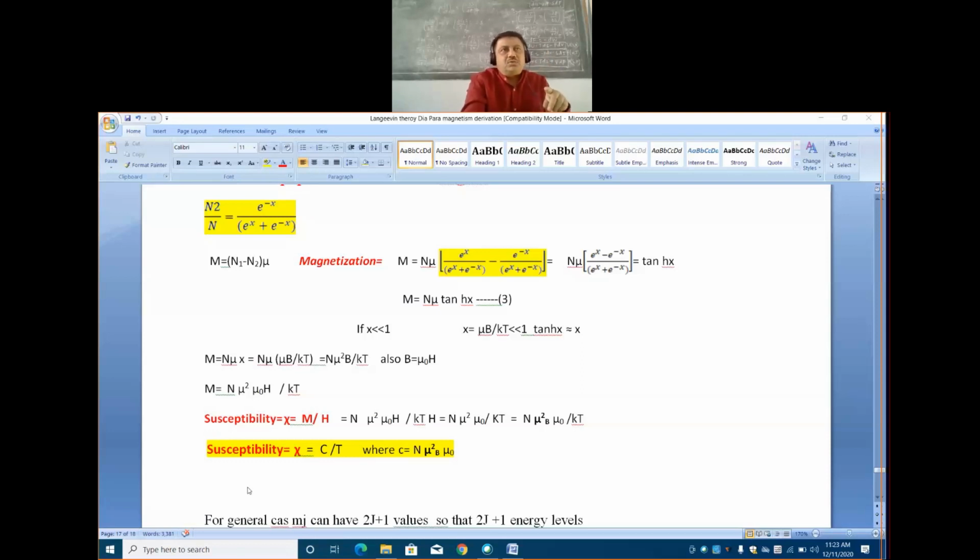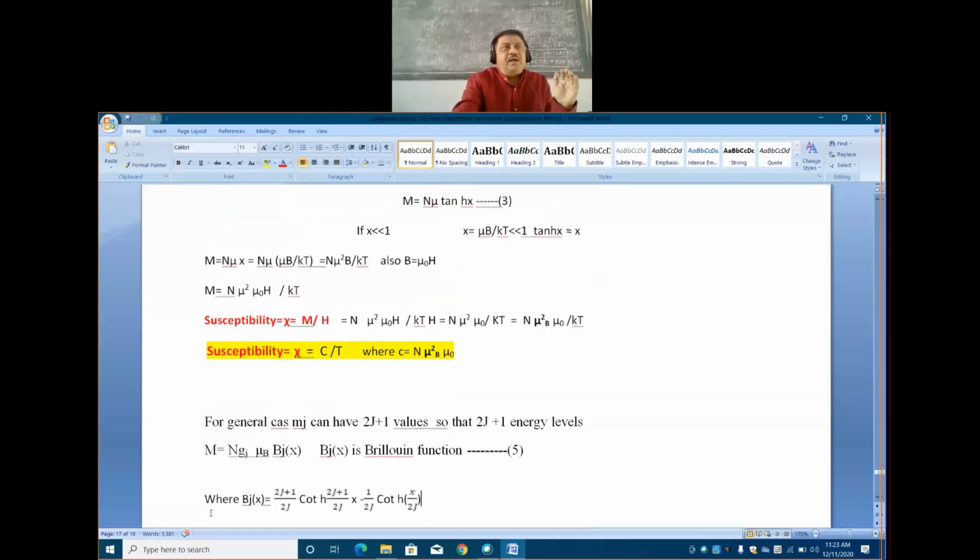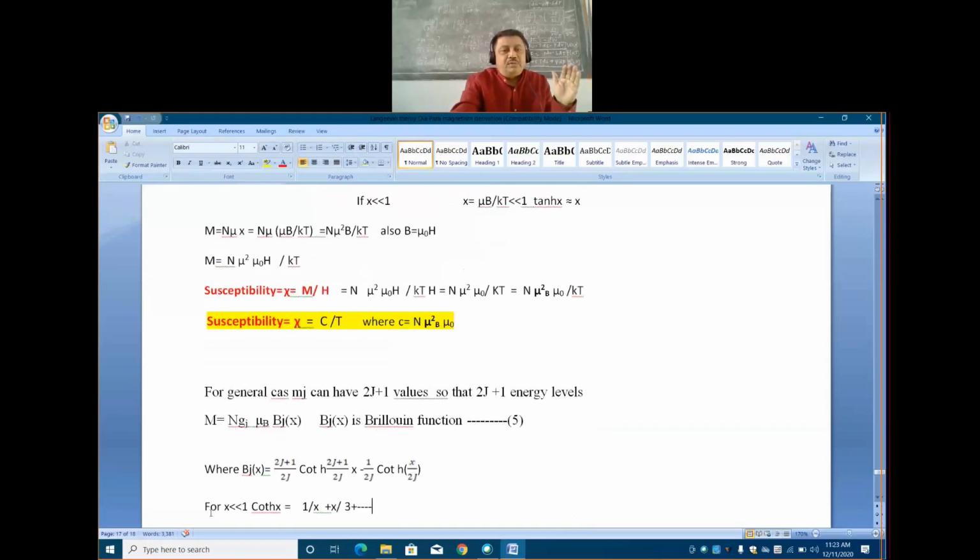That is what we have discussed so far, that is mj equal to plus half, mj equal to minus half. In case it is a general case, then mj can have 2j plus 1 values. In that case, the equation becomes slightly complicated, but we are not going to derive it, we will just extend and write the final expression.